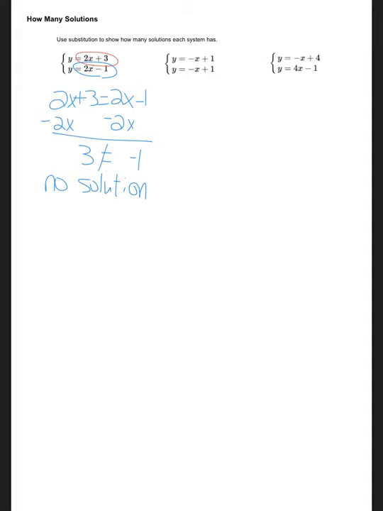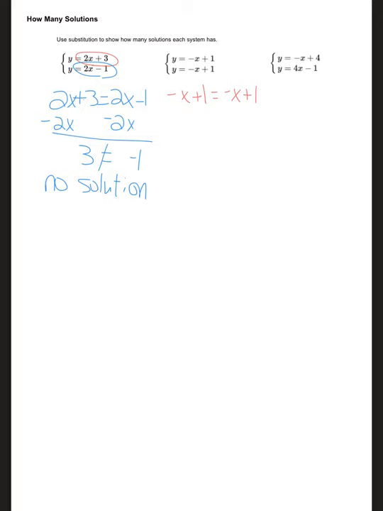The next one, you have y equals negative x plus 1 and y equals negative x plus 1. Well, that's the exact same equation, right? So these are the same line and there would be an infinite number of solutions. But let's see what it looks like algebraically. I'm going to set negative x plus 1 equal to negative x plus 1.